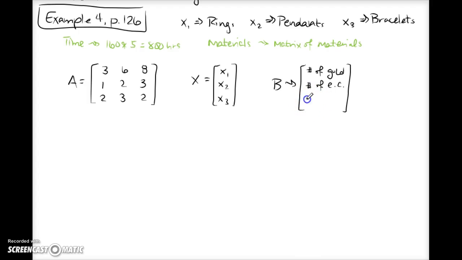And then in this third row, it's saying that that's relating to labor. And we said that the number of hours of labor, in this case, is going to be 800. So I'm just going to simply write it as number of hours of labor, just like that. But keep in mind that this number of hours of labor we already know is 800 right here. The amount of gold and enameling compound that's available actually changes each month.